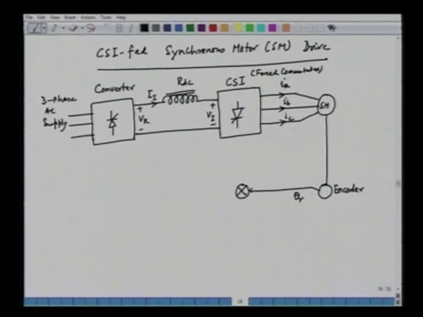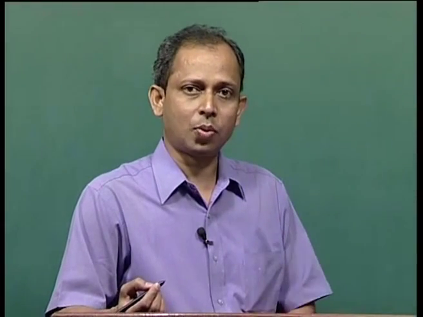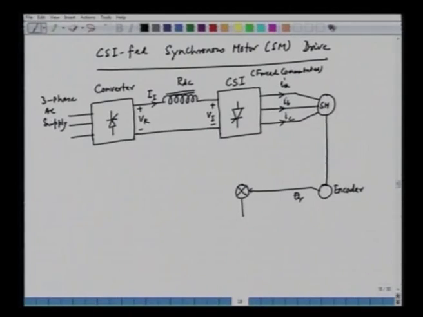So, the nature of this IA, IB, IC will be quasi rectangular. Ideally, this should be quasi rectangular having a block of 120 degree, and we can define an angle gamma here, and we can add this 3 pi by 2 here, theta r, and we can decide the phase of the current which is injected into the stator of the synchronous machine.